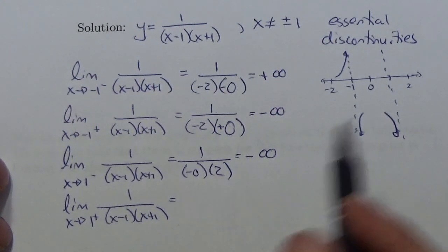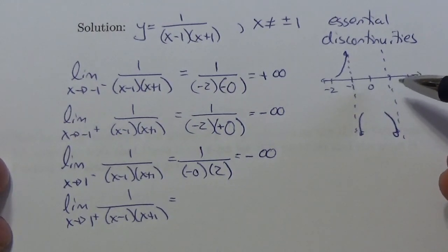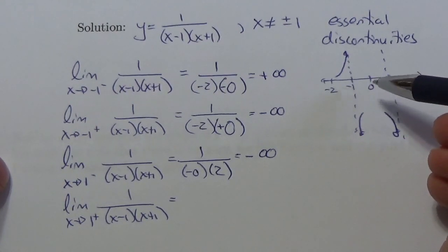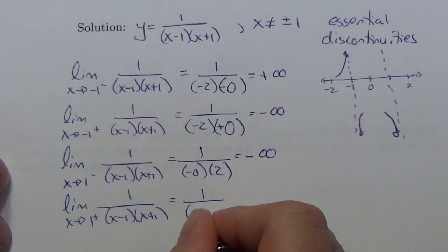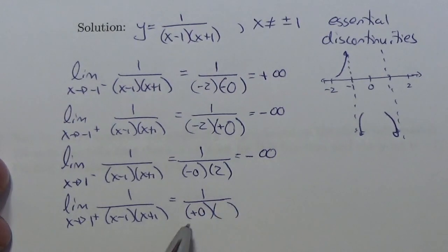Now let's take a look at x minus 1. If I approach 1 from the right, so I'm moving along the x-axis, getting closer and closer to 1 but from the right-hand side, if I subtract 1, I'm going to be approaching 0 from the right, which means I'm approaching 0 with a whole bunch of positive values.